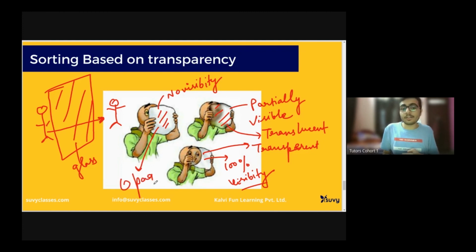So we have three words: opaque, translucent, and transparent. Opaque, zero visibility, we cannot see objects across it. Translucent, we can see the objects but not clearly. And transparent, we can see the objects clearly through it. This is very, very important, and they may ask you a question in the exam as well. So please do make a note of the spellings.